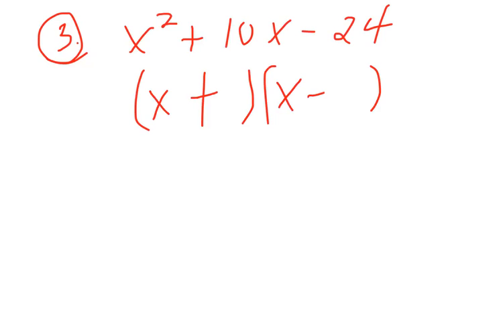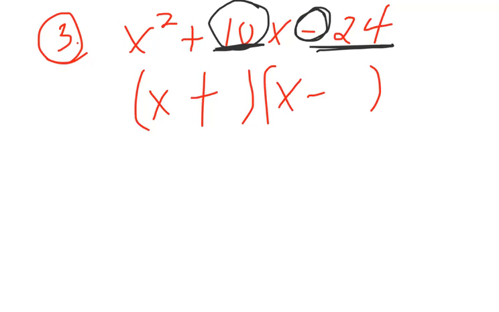Now you need to be careful with this, okay, guys? So you want to find two numbers that multiply to give you negative 24, and when you add them together, you get positive 10. Another way to say this, and for most of my students it's easier: two numbers that multiply to give me 24, and when I subtract them, I get 10.